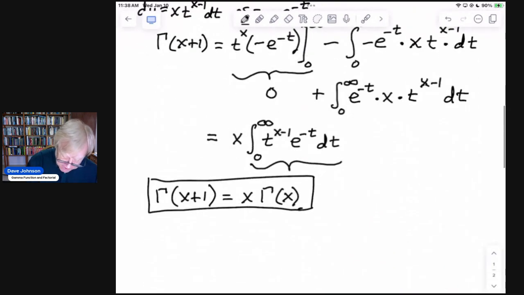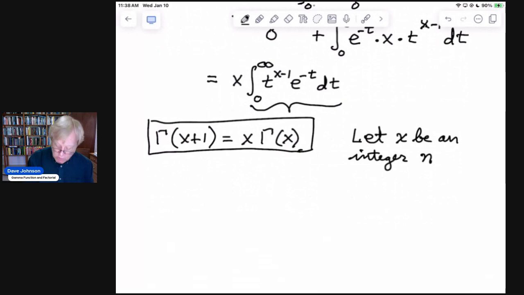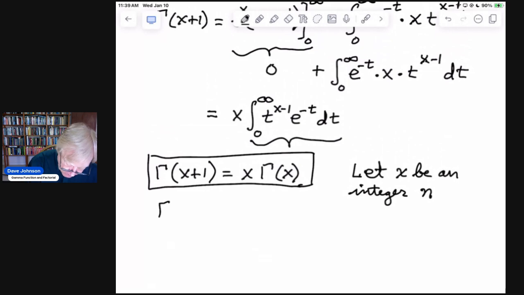So if we let x be an integer, and we'll call it n, and let's confine ourselves to non-negative integers, 0, 1, 2, 3, and so on, then I can rewrite this as gamma of n plus 1 is equal to n times gamma of n. Okay.